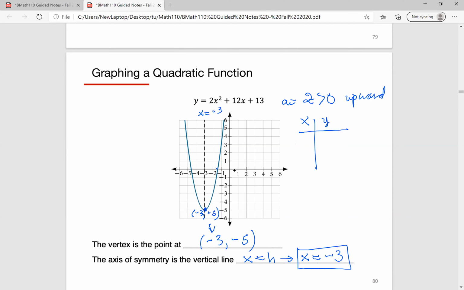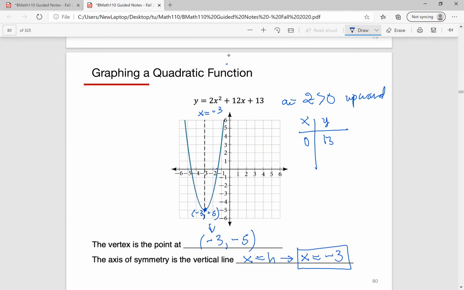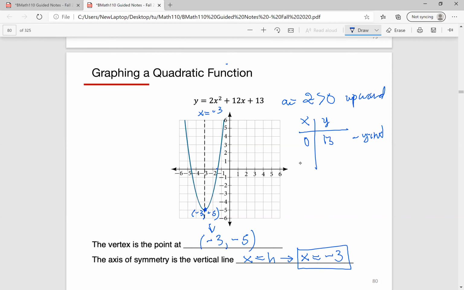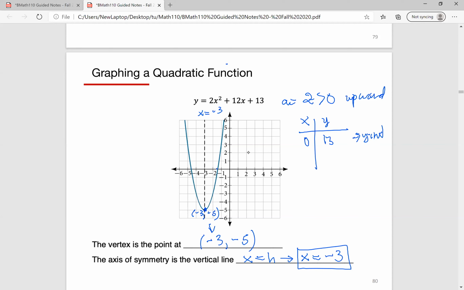I don't think that 0 should be an easy one, but if you choose 0, you're going to have 13, but then 13 is very far up over here. So I don't think choosing the y-intercept is going to be a good idea for this. It's not a good point to graph.